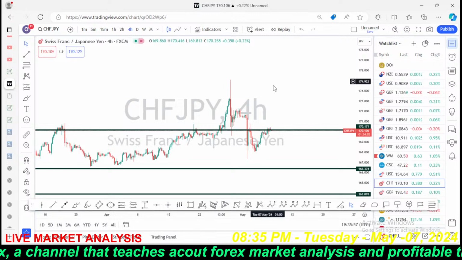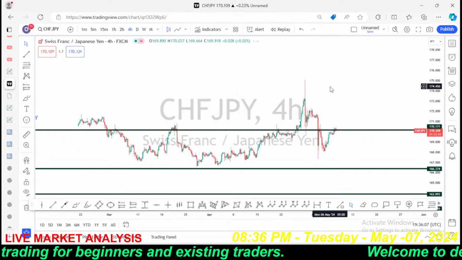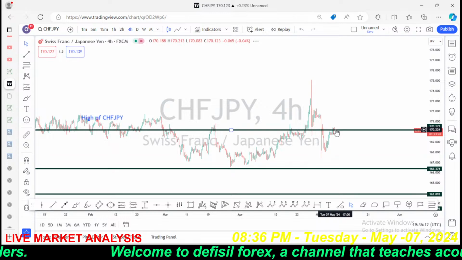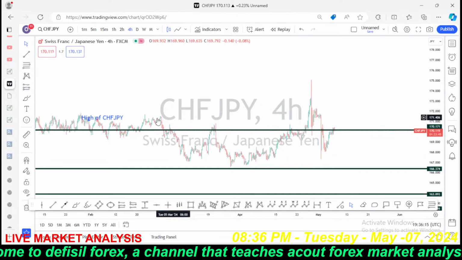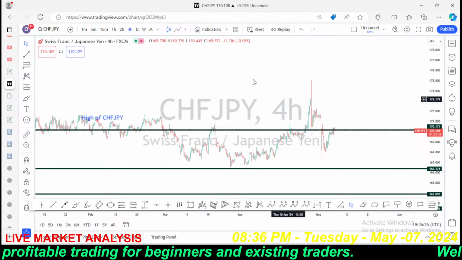However, it has also approached what looks like a critical zone, just like we have on the GBP NZD. It has approached this line, which is a critical area on this particular pair, just like what we have in GBP NZD.